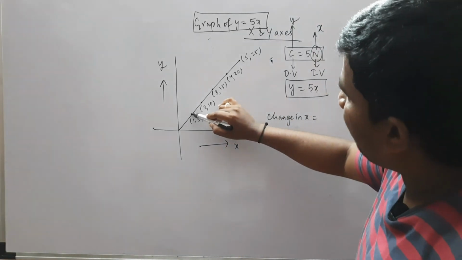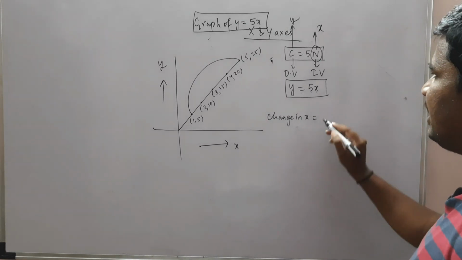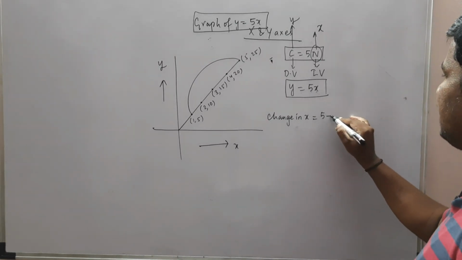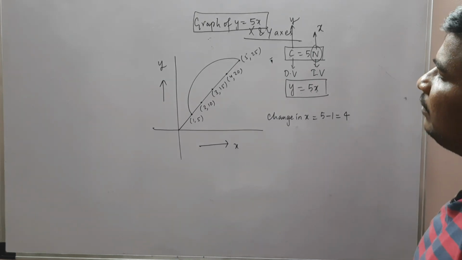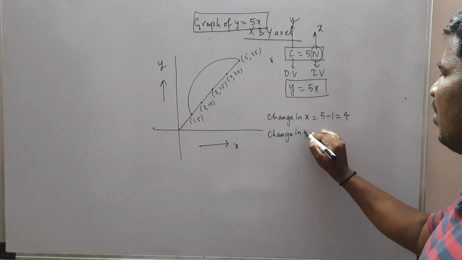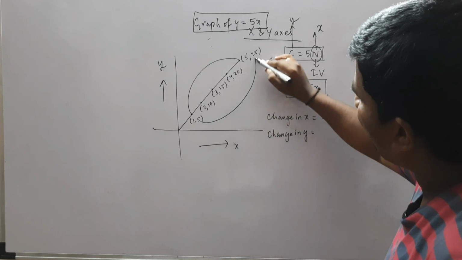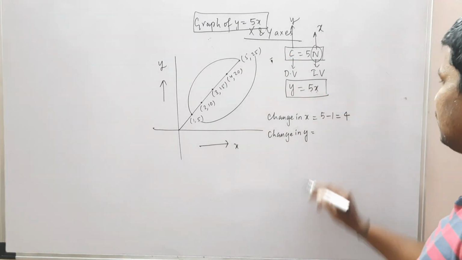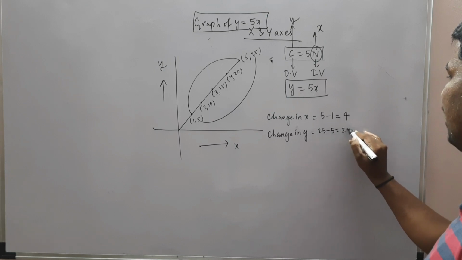For example, I am taking these 2 points. Change in x is 5 minus 1, that is 4. So what is the corresponding change in y? Can you tell me? y is changing from 5 to 25, so 25 minus 5 is 20.